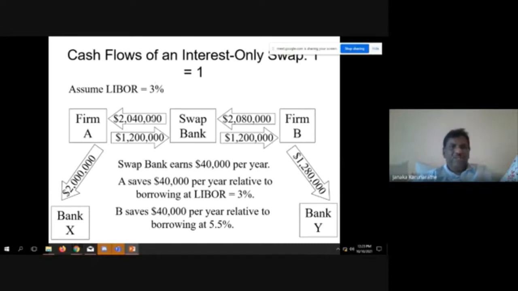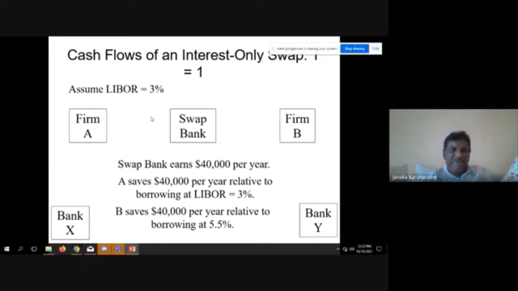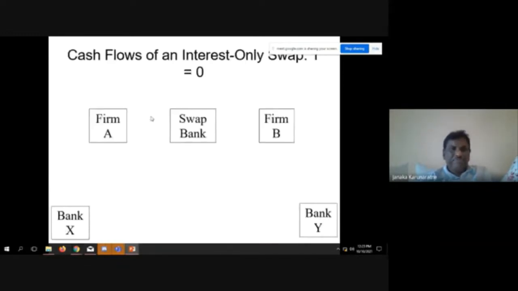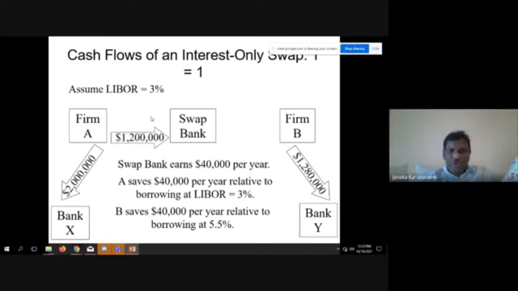Receives 5.1%, so it receives 2,040,000 based on 40 million principal, if the LIBOR is 3%. Firm B pays Bank X 2.08, LIBOR plus 0.2%. It receives LIBOR and pays 5.2%.